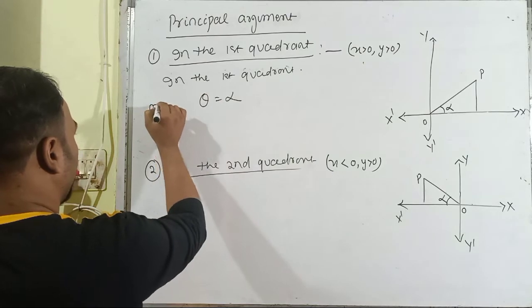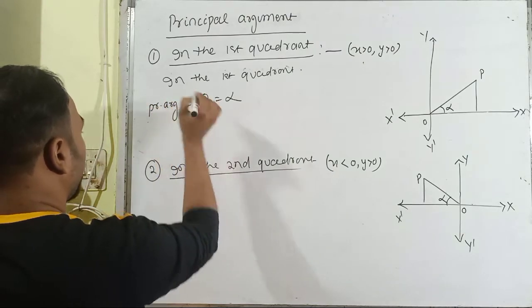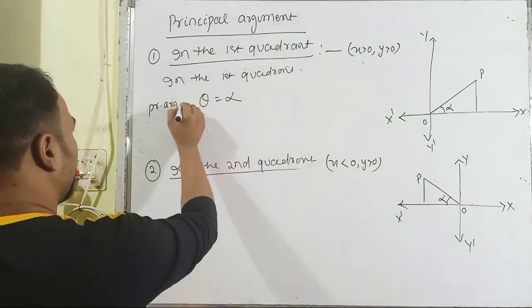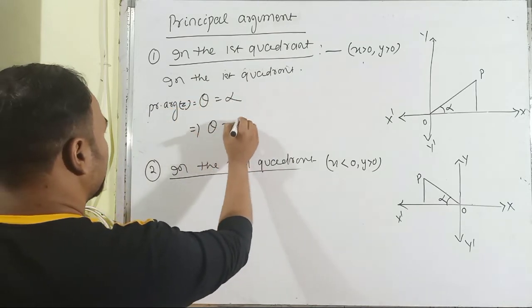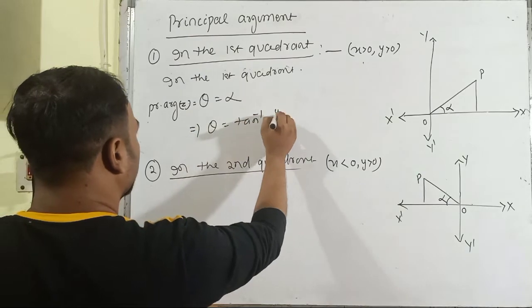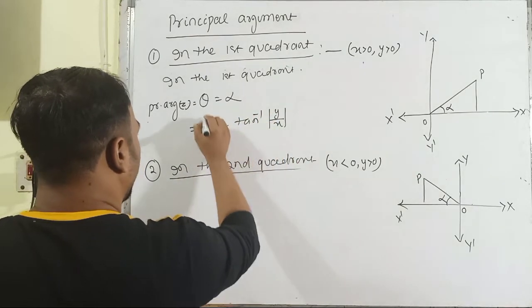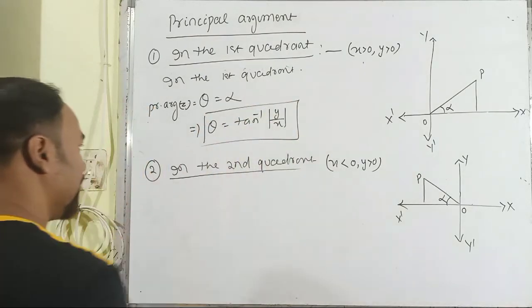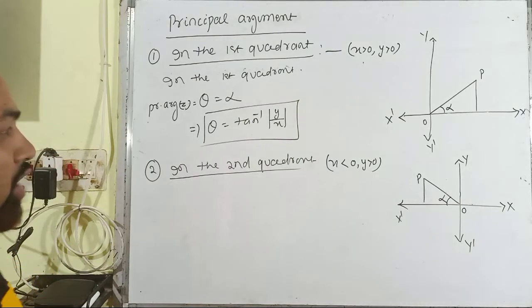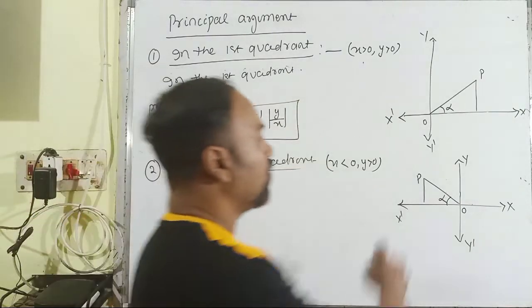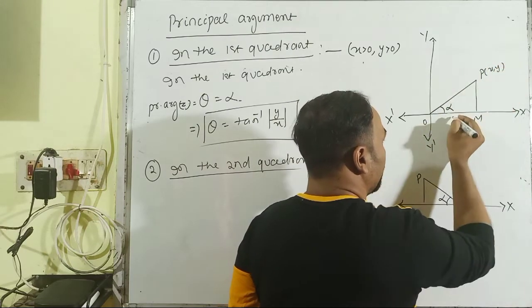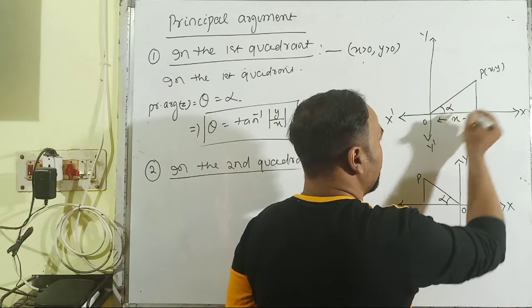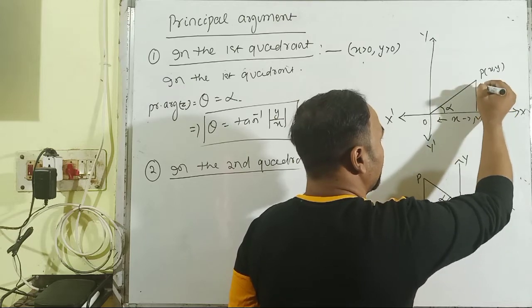That means the principal argument of z, theta, is equal to tan inverse modulus of y upon x, because we have already evaluated the value of alpha in the triangle OPM.